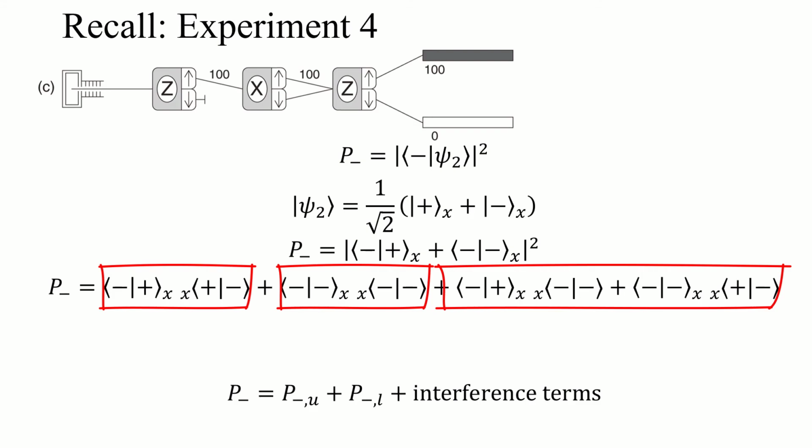Remember, these inner products aren't giving us probabilities, they're giving what are called probability amplitudes. And the fact that we're adding those amplitudes before we do the squaring means that what we get after we square everything is: the first term is just the probability along the one path, the second term is the probability along the other path, and we have all of these extra cross terms, or interference terms.